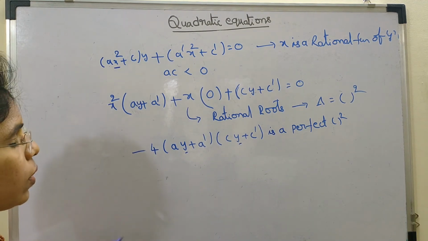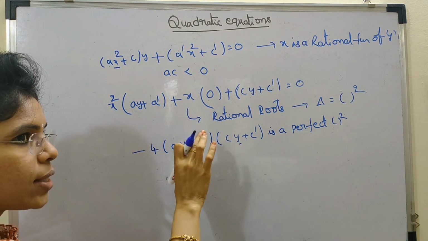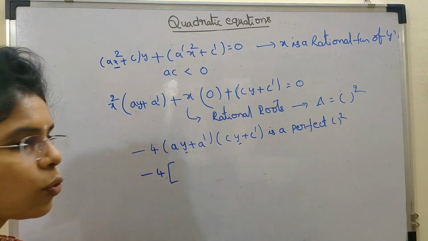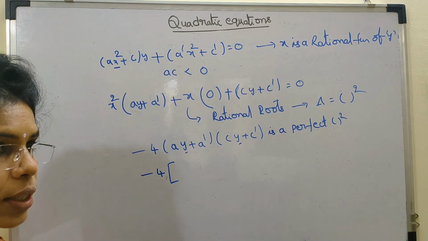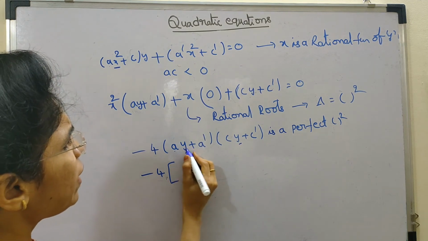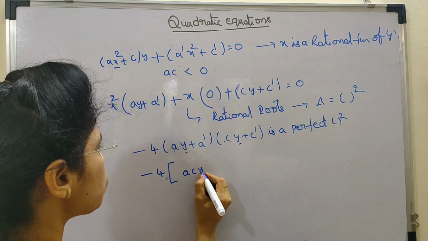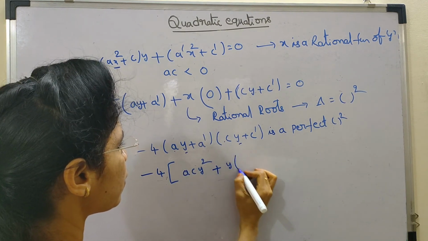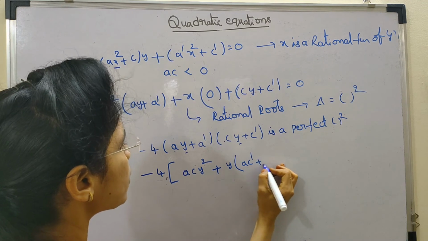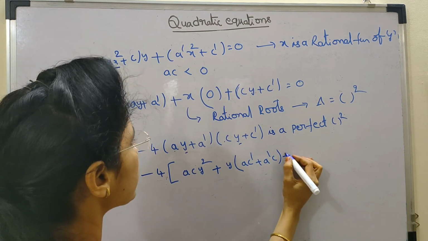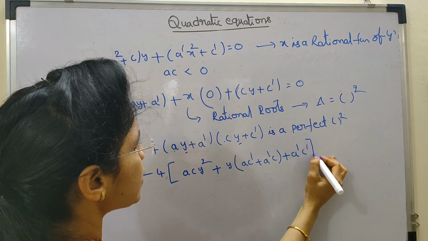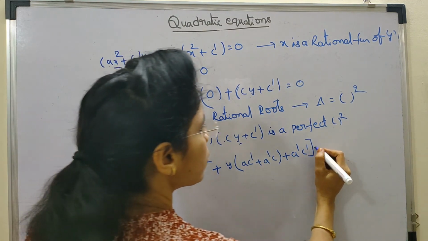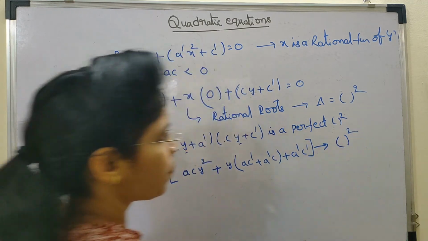So what will we do? We write this product as a quadratic expression in terms of y. Minus 4 into (ay plus a dash)(cy plus c dash): acy square plus y times (ac dash plus a dash c) plus the constant term a dash c dash. This is one quadratic expression, and this is a perfect square.